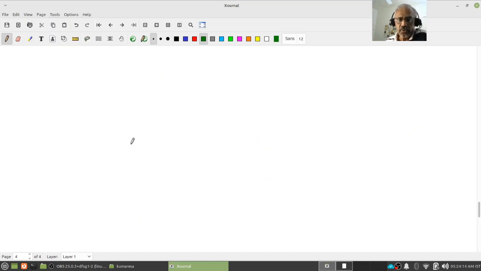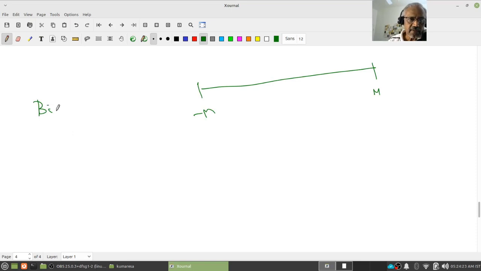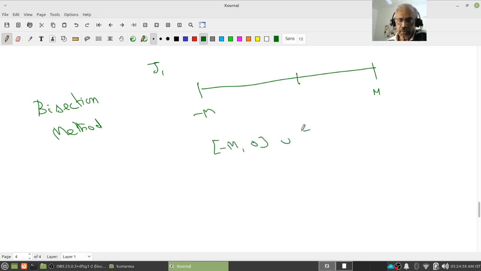Okay, so now let's look at this interval minus m to plus m. Okay, this is a trick which is usually called the bisection method. In classical books they will call it the bisection method. Okay, split it in two parts. Now I have interval minus m to 0 union 0 to m. 0 is common, but don't worry about that.